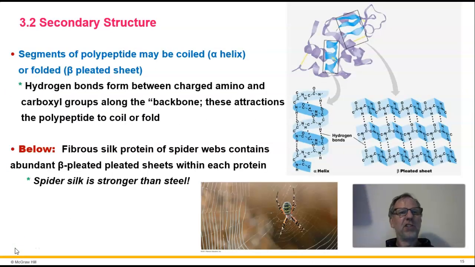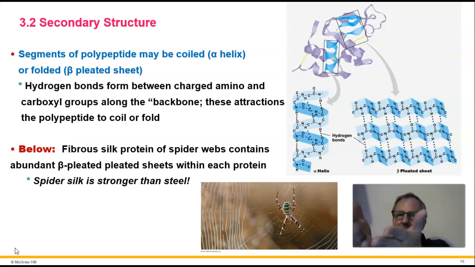Okay, let's jump to the secondary level of protein structure. The secondary level, the definition of it, I put in blue, is the segments or pieces of a polypeptide that might be coiled into what's called an alpha helix, or folded into what's called a beta pleated sheet.